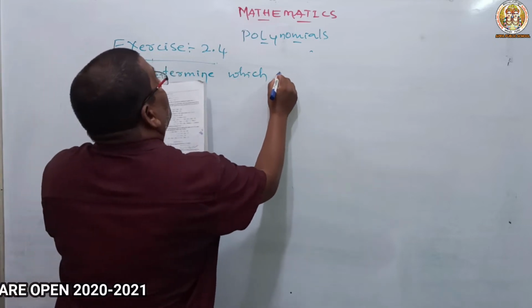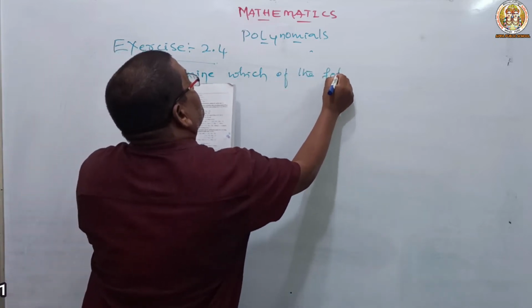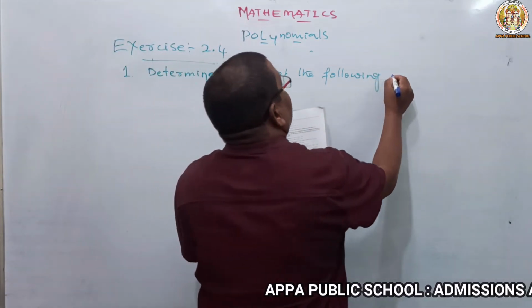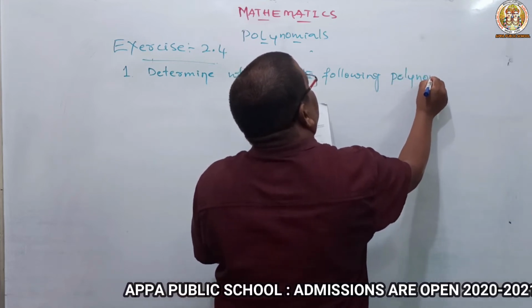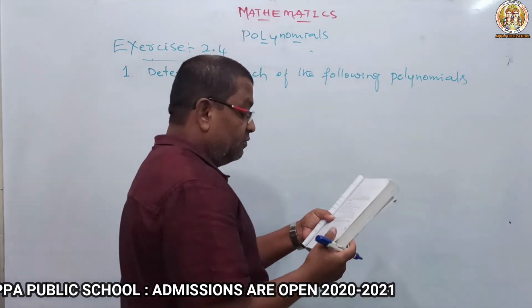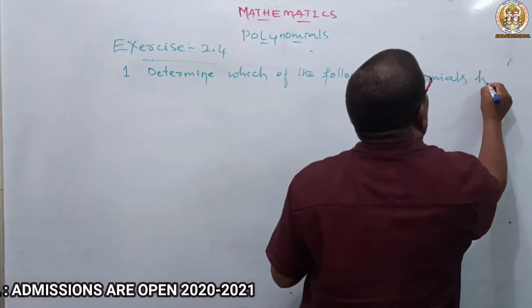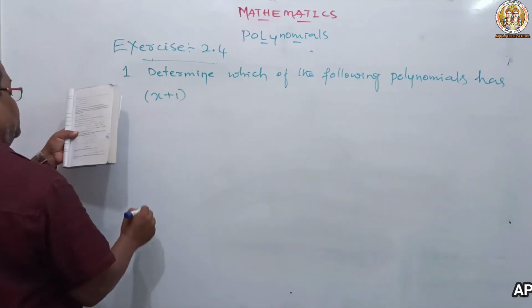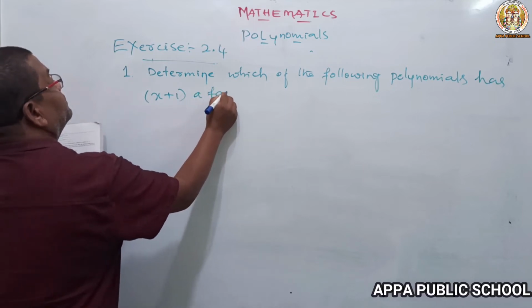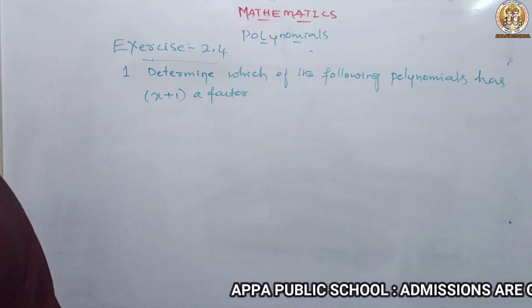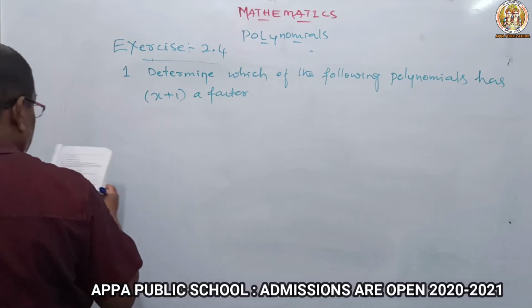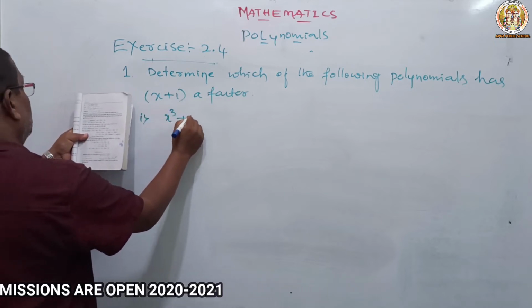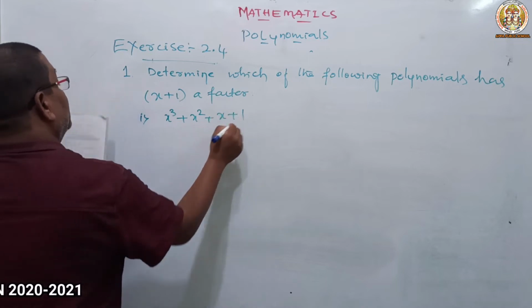I'm going to take one sum of this: x cube plus x square plus x plus 1.